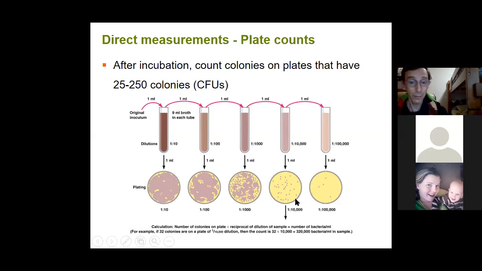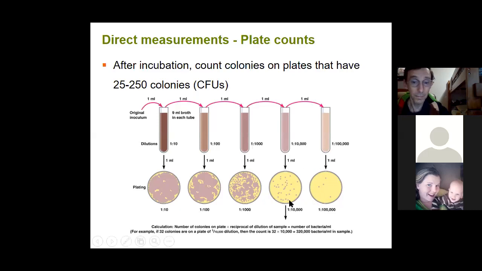The point is we want to count where we have a good count, and on this plate here, which only has 4 cells, well, if you have plus or minus 1 colony, that's plus or minus 25%.